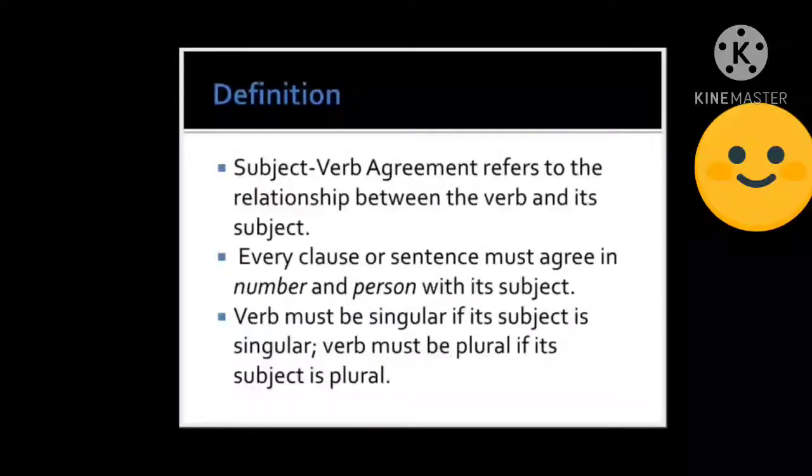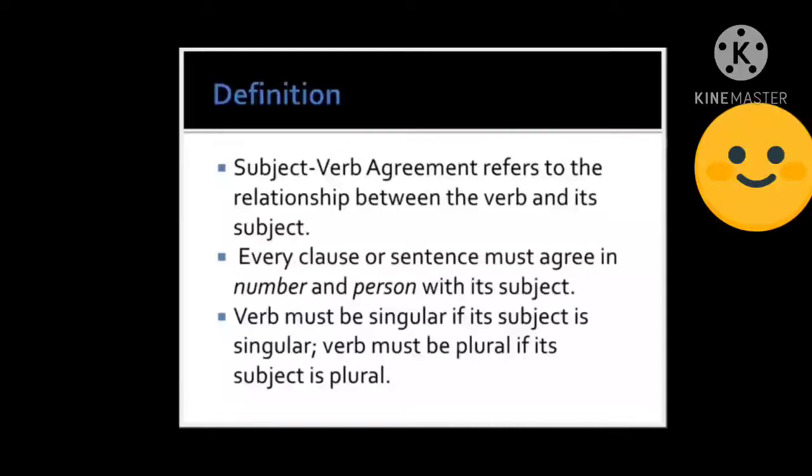What is the definition? Subject-verb agreement refers to the relationship between the verb and its subject. Every clause or sentence must agree in number and person with its subject. Verb must be singular if its subject is singular.